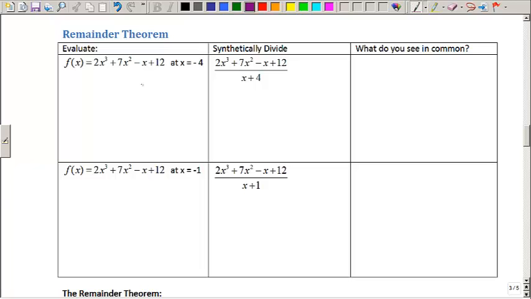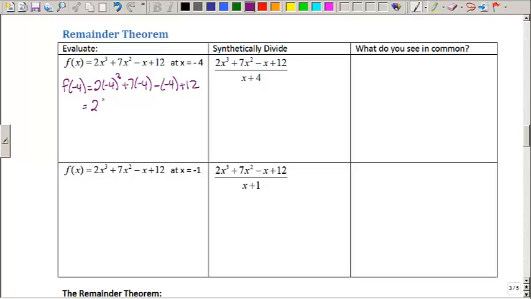If I was asking you to evaluate this function at x equals -4, then I'm just going to plug in -4 every time I see an x. 2 times -4 cubed plus 7 times -4 squared minus -4 plus 12.